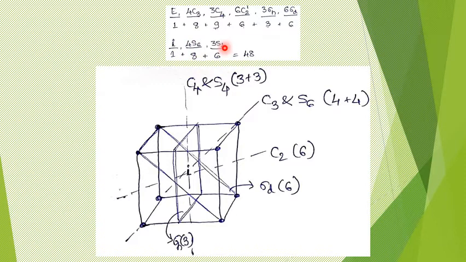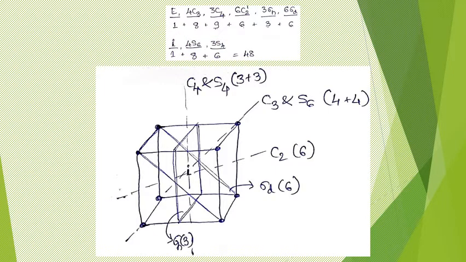Similarly, 3 such S4 axes are present. On each S4, S4 1 and S4 3 are truly improper operations, so totally 3 into 2, 6 operations. If we take a sum of all this, totally 48 different symmetry operations are possible on all these different symmetry elements in the case of an octahedral molecule.